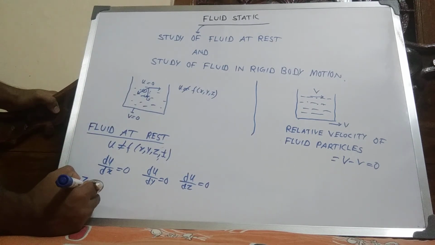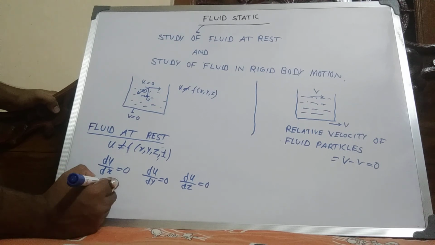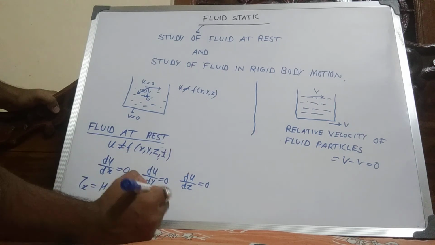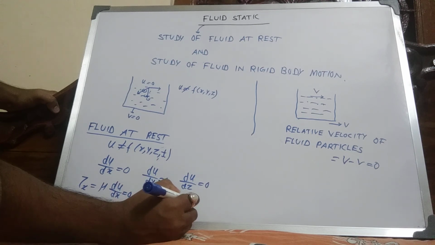So shear stress in x direction, which is mu into du by dx, is 0. Shear stress in y direction is 0, z direction is 0.